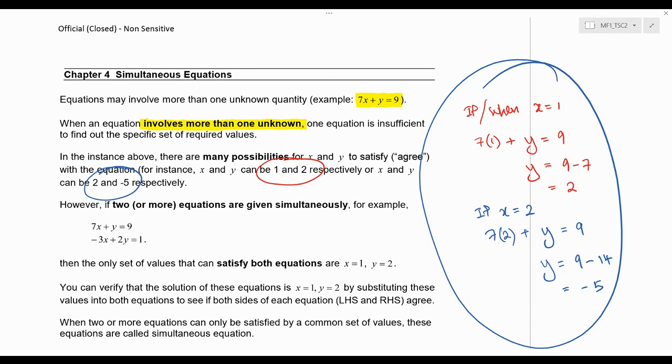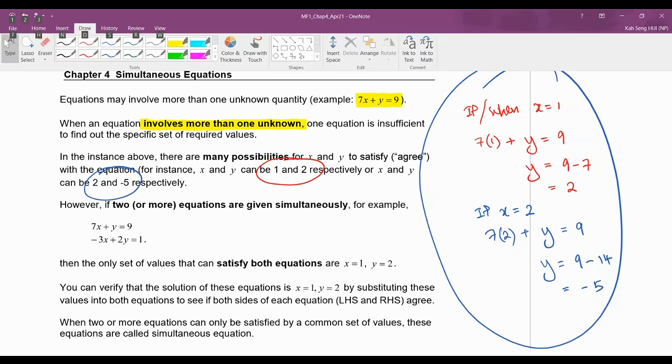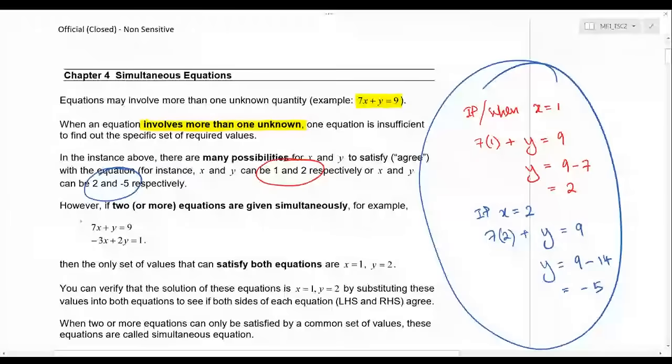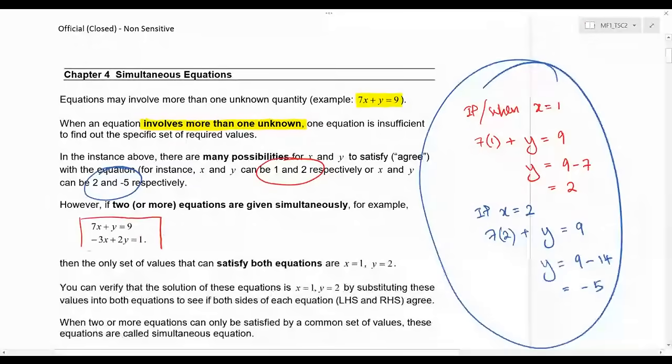Now, if you have the same number of equations as the number of unknown variables, I'm talking about this here. So instead of just having 7x plus y equals 9, we have another equation of minus 3x plus 2y equals 1.